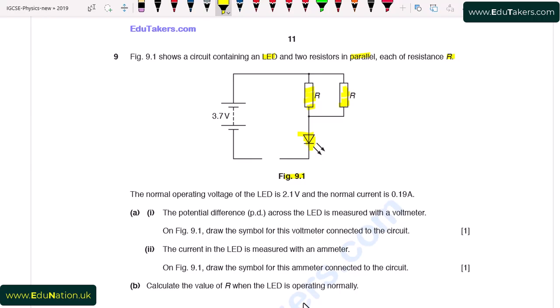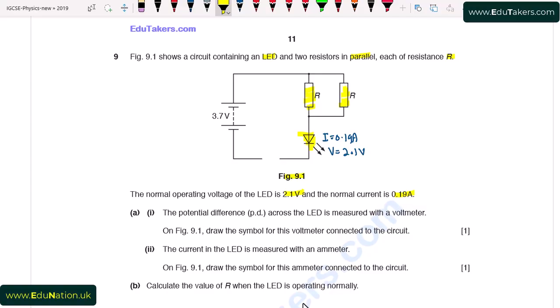The normal operating voltage of the LED is 2.1 volt and the normal current is 0.19 ampere. So the current through this LED is equal to 0.19 ampere and the voltage is equal to 2.1 volt.